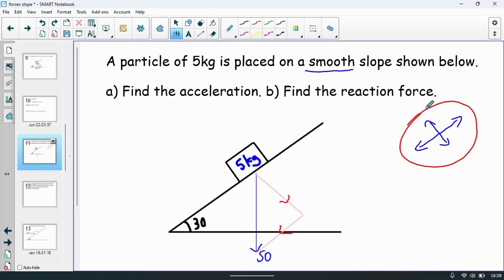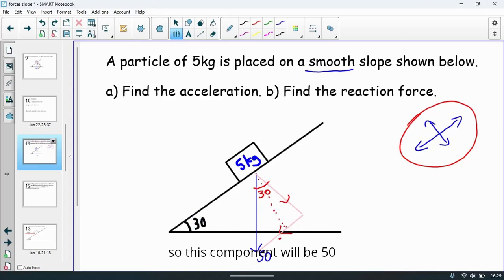Okay, now the vertical weight is 50. The two components will be, now remember, if this is theta, this is also theta. So because that was 30, this is also 30. This is opposite.